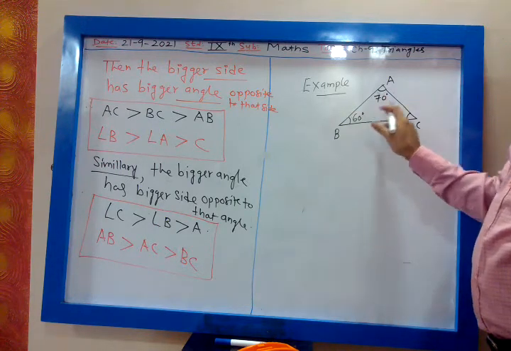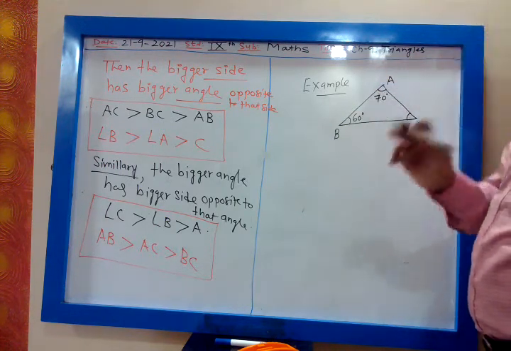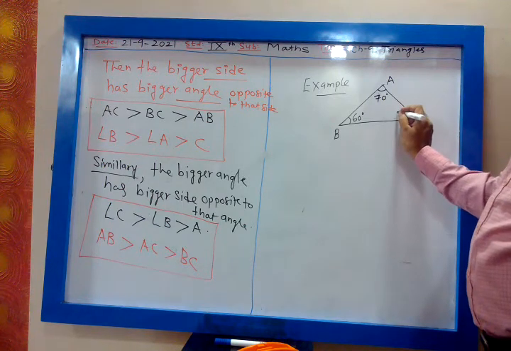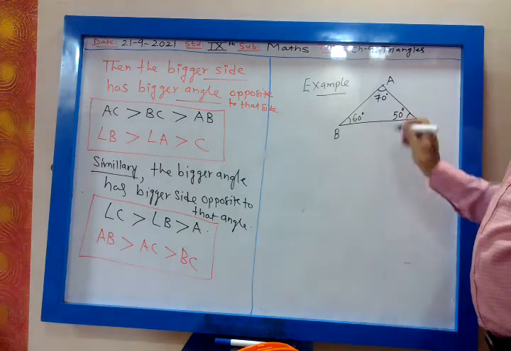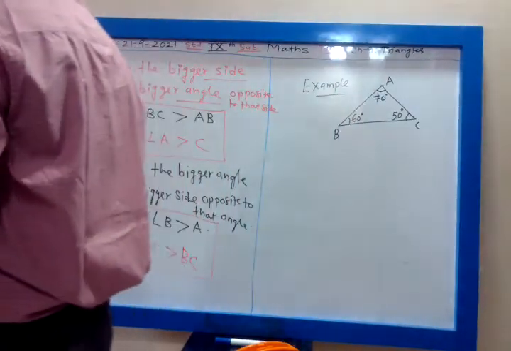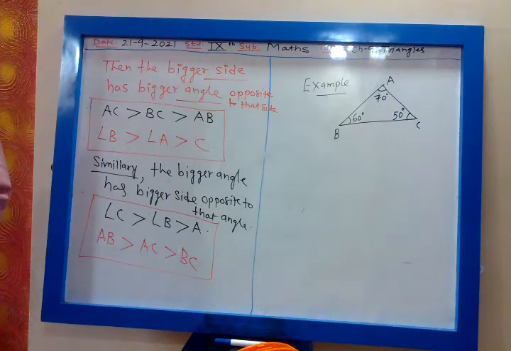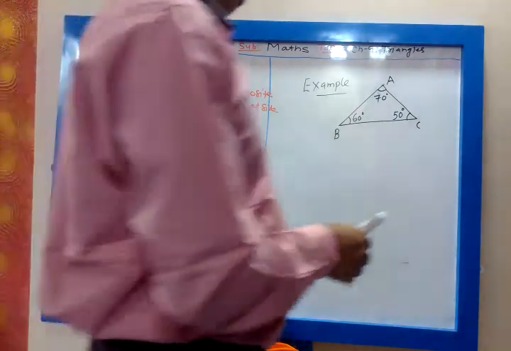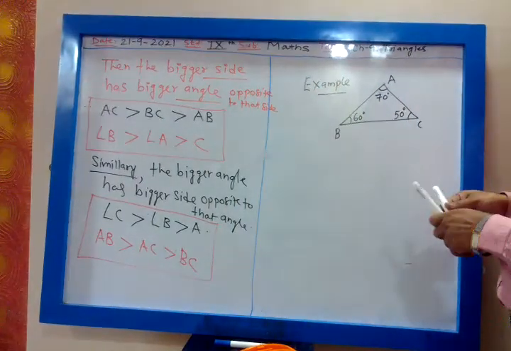No, because the sum of all three angles of a triangle should be 180. So this is 50 degrees. Now you tell me which side will be bigger. Yes, BC will be bigger, because which angle is bigger?